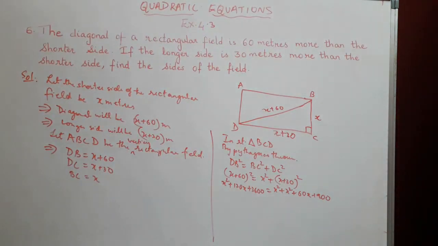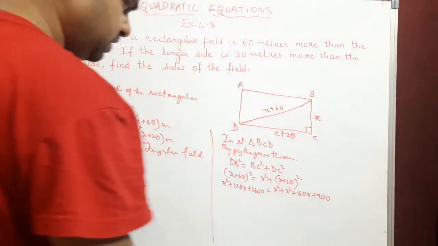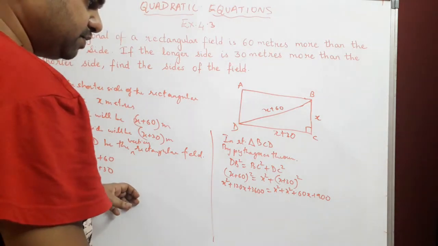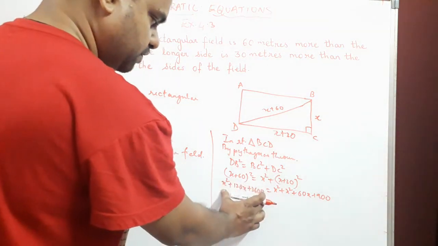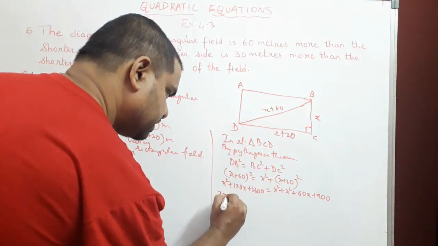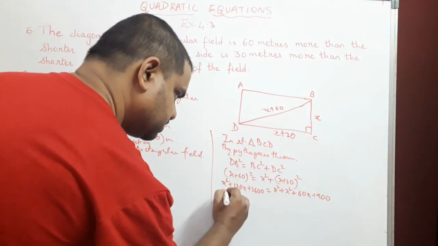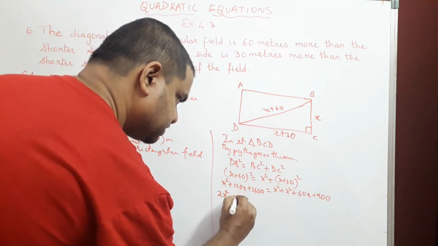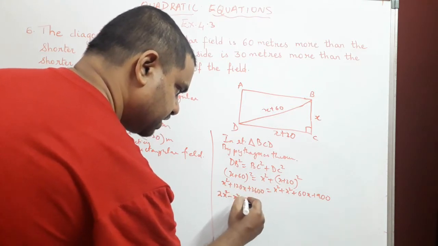So if we go to solve this, we can take all of the left hand side to the right hand side, and we'll get 2X square, that is X square plus X square is 2X square, minus X square. Whatever is positive here will become negative.